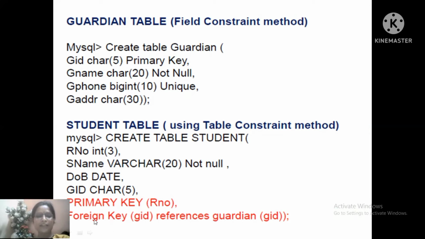Here we have tried to apply a foreign key on the column GID, and these two tables will interrelate with each other. We will discuss this syntax later on, because if I start explaining right now, it will be confusing. I am just explaining that this is the column constraint and this is the table constraint method.